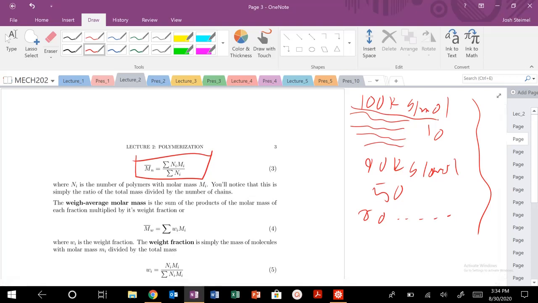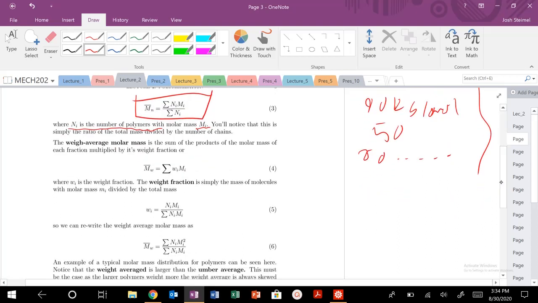So the number average molecular mass is the sum of the number of polymers with a specific molar mass M sub i, divided by the total number of your chains. Hopefully that's straightforward. The weight average is very, very similar, except it's a weighted average.